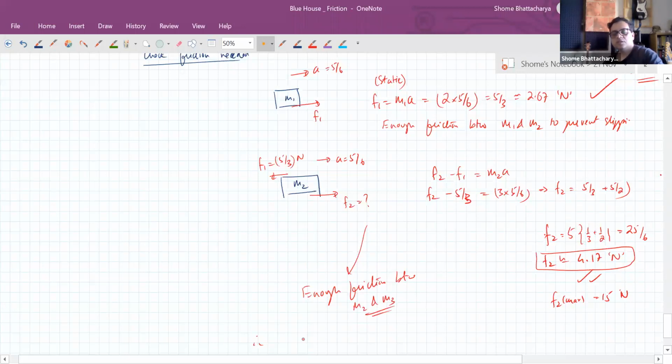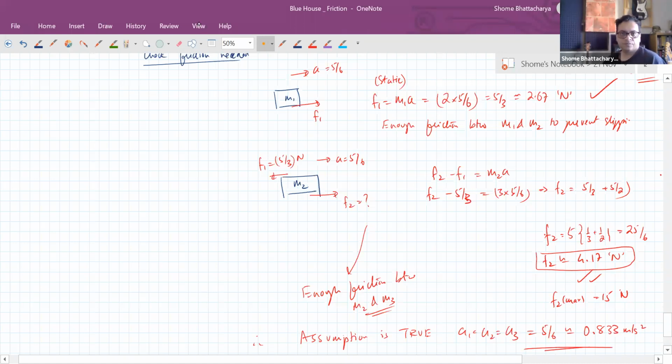Therefore the assumption is correct. A1 will be equal to A2 will be equal to A3, and that will be equal to 5 by 6, or this much.